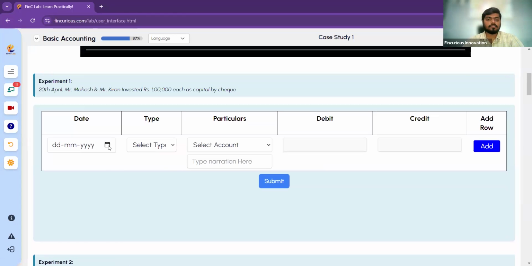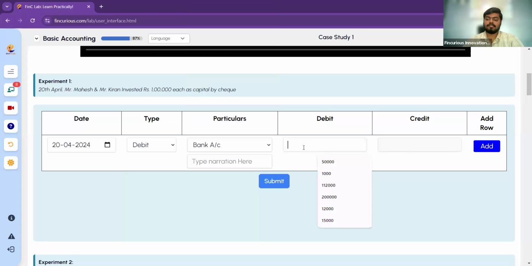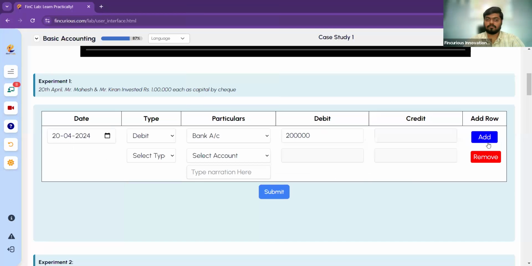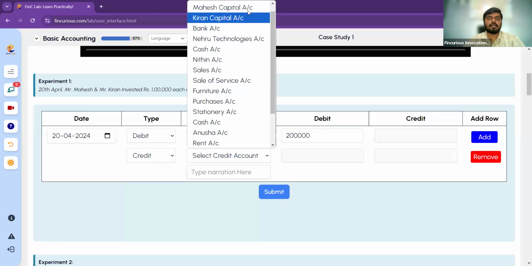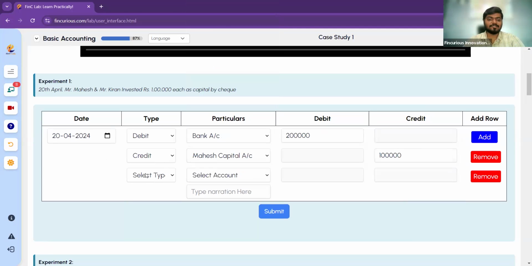Again, I go here, select the date, select debit, select the debit account, bank account, debit amount 2 lakhs, and then click on the add button. Select credit, select credit account Mahesh capital account and 1 lakh. Again, I am not making the same mistake. Now I understood.